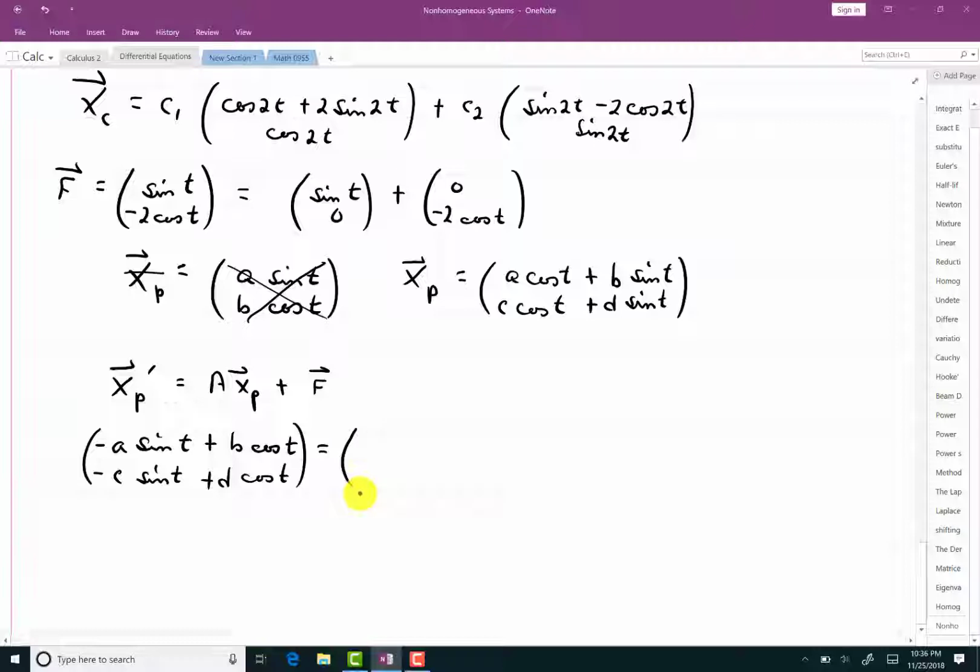On the other side, what was my original A?